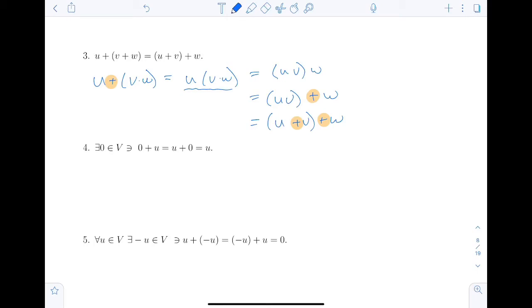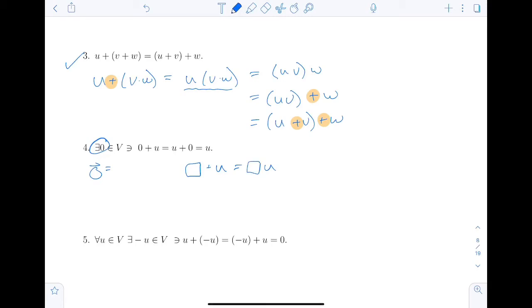All right, 3, check. Now, there is a 0 vector. The positive real numbers do not contain the number 0, so what is the 0 vector? That thing plus u has to equal u again. But by definition, what happens here is that I multiply them.